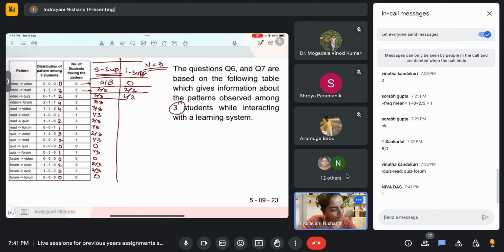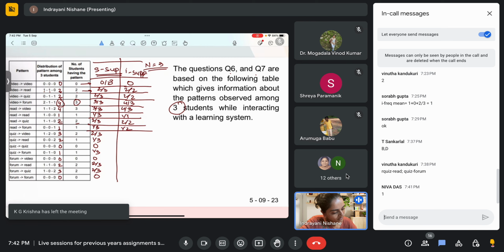Here it will be 4 divided by 3. This 4 divided by this 3. Similarly here it will be 4 divided by 3. It will be 1 divided by 1. Here it will be 2 divided by 2. 1 divided by 1. This 2 divided by this, this 3 divided by this 2.